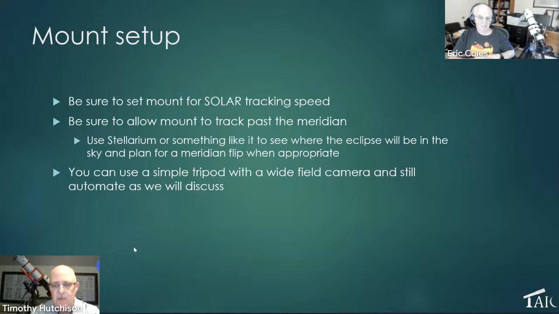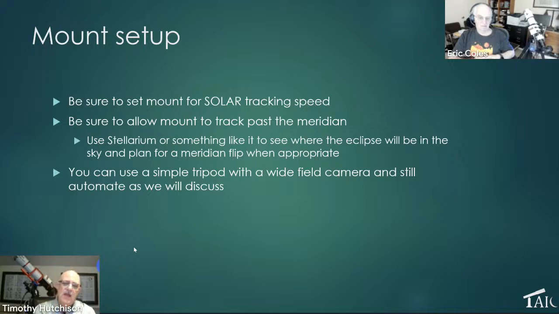Make sure you can set your mount to track past the meridian. Make sure you set solar tracking speed, especially if you're not going to use the guider and you're going to try to keep it centered manually, so that the mount moves at the right rate.